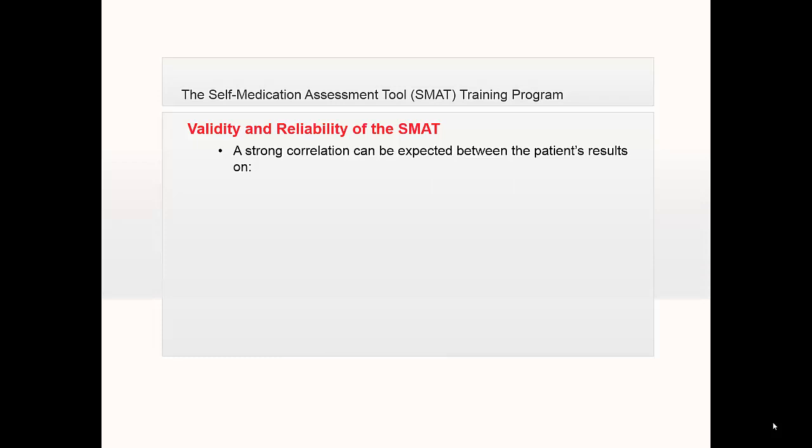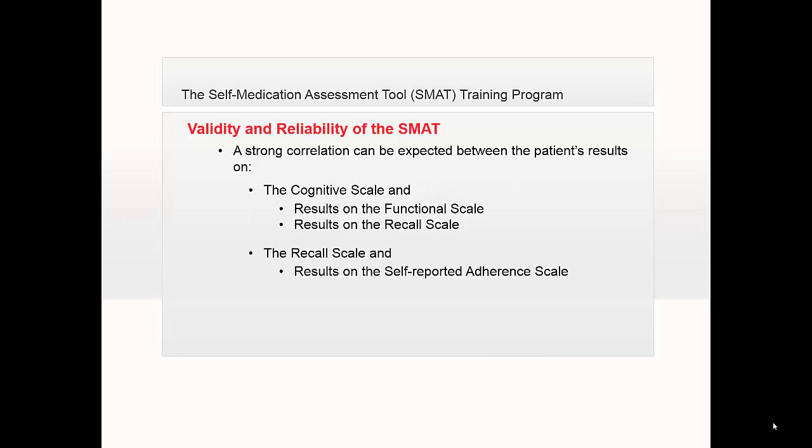In general, a strong correlation can be expected between the patient's results on the cognitive scale of the SMAT and their results on the functional scale and on the recall scale. And the recall scale can also be expected to correlate highly with the results on the self-reported adherence scale.